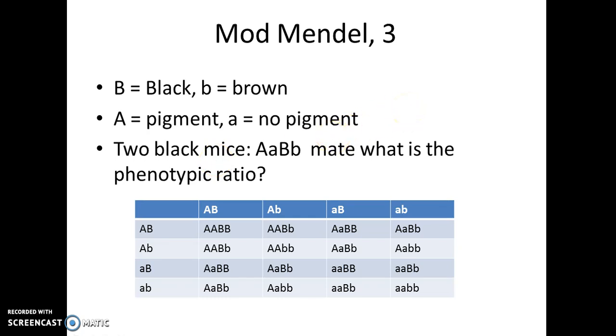So if we have two black mice that are heterozygous for the pigment gene as well as the coat color gene, what is the phenotypic ratio? Well, you have three colors: black, brown, and white.